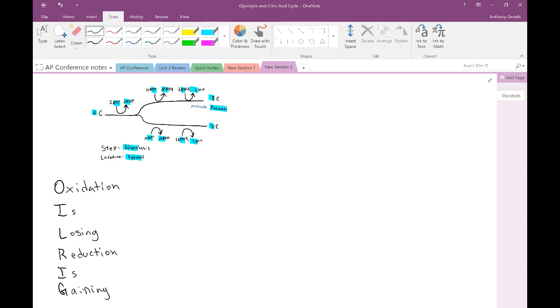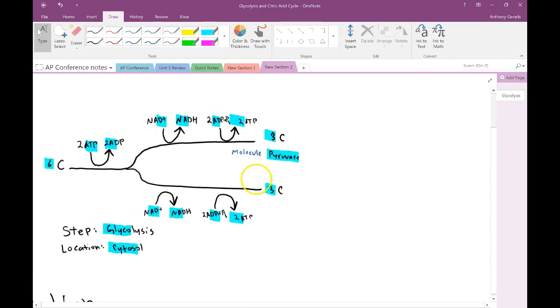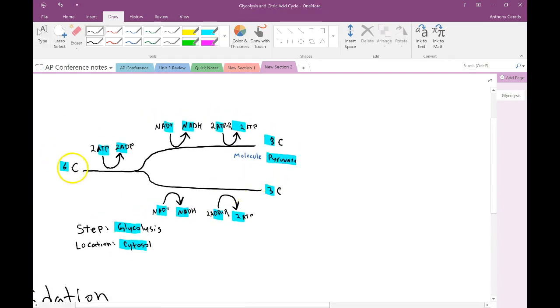Yesterday when we talked about glycolysis, we had glucose, all right? So glucose was our 6-carbon molecule, C6H12O6. Well, right here, my NADH came in and picked up an electron that was with that hydrogen.